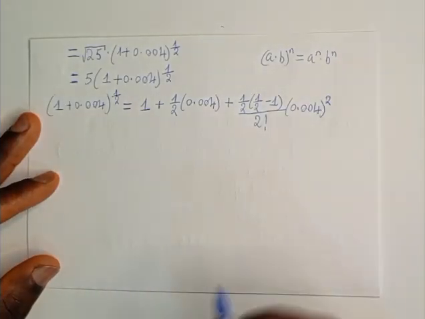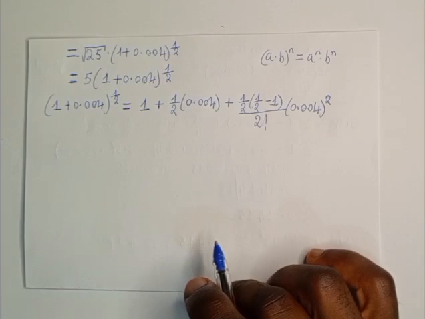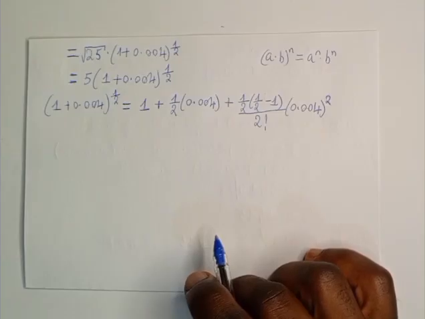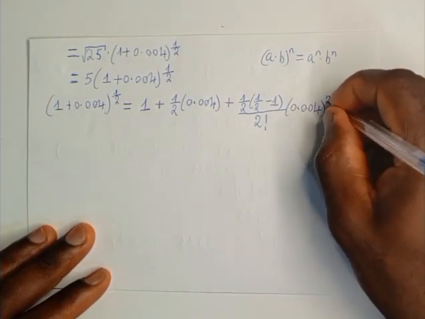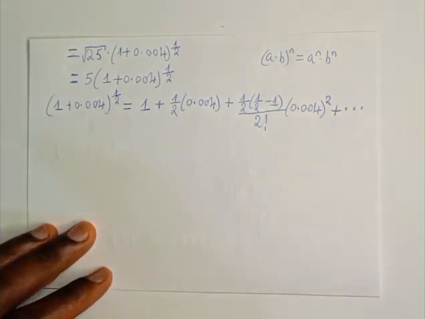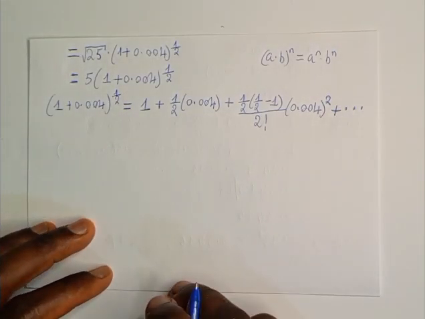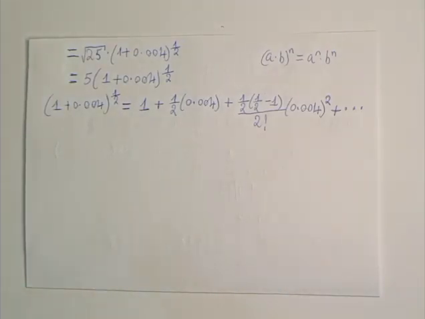You will see that if we square the number 0.004, the number of zeros we are going to have after the decimal point will be more than 4 decimal places. We are going to end here, plus 3 dots. 0.004 is a very small number, so when raised to higher powers, it is moving close to 0.